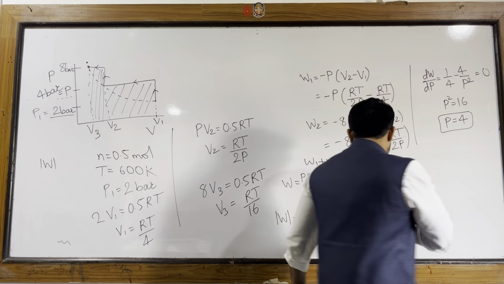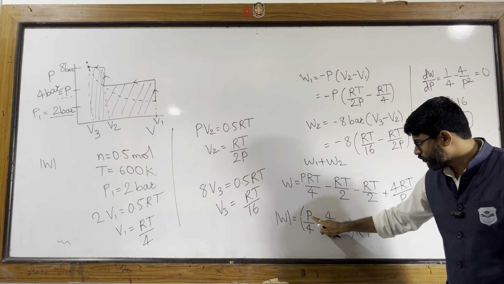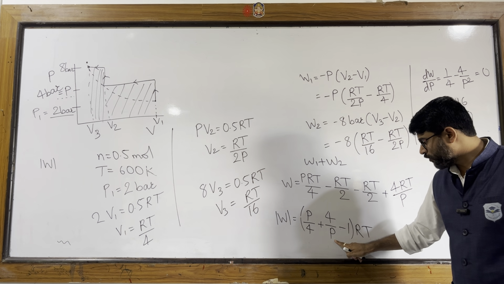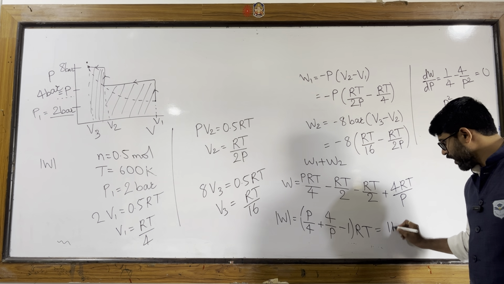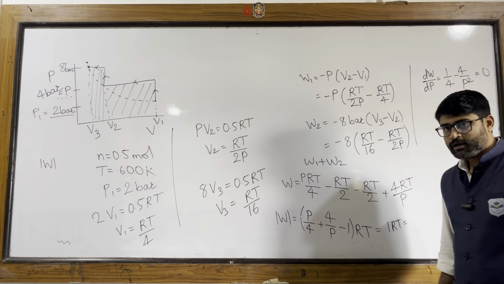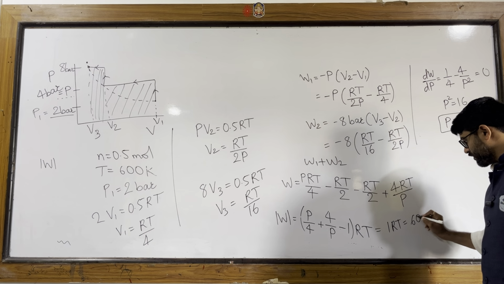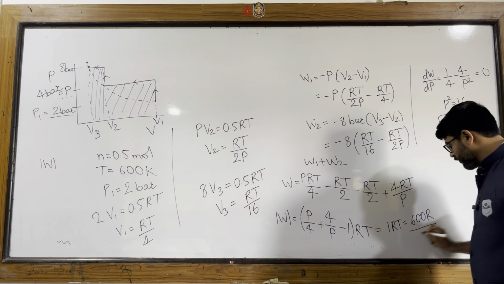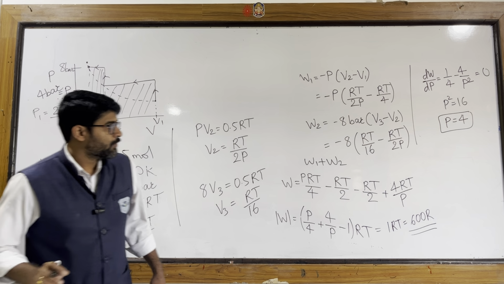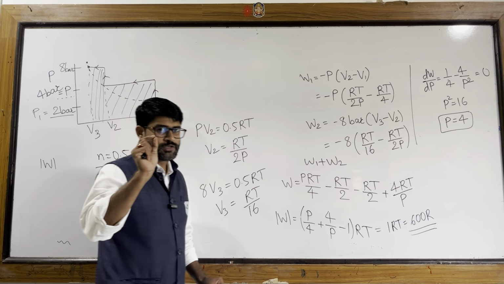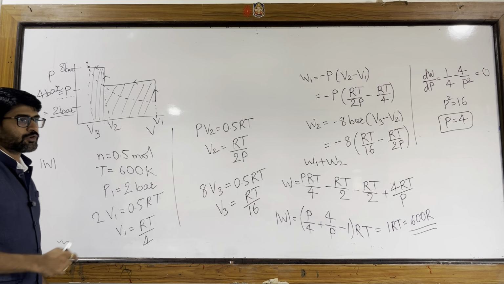So we have to calculate this value. Putting P equal to 4, we get 4 by 4 is 1, plus 4 by 4 is 1, minus 1, so 2 minus 1 is 1 times RT. The temperature is 600 Kelvin, so it is 600 R, and our final answer is 600 R. In this question, you just have to calculate the pressure at which the first step is carried out.